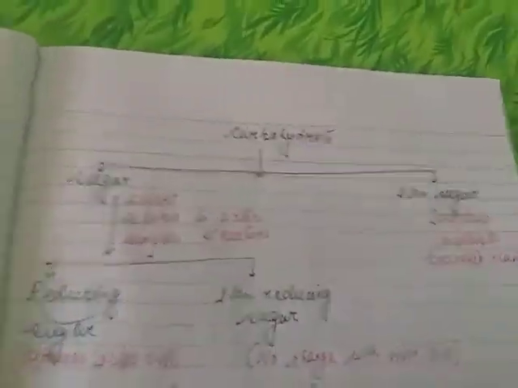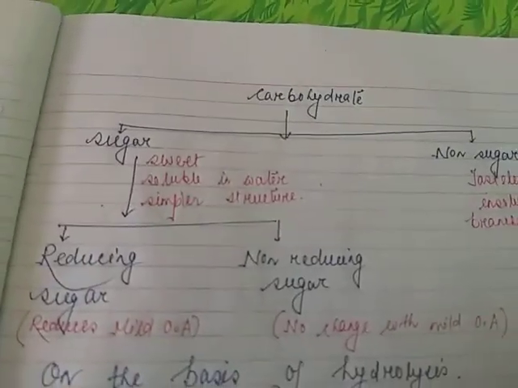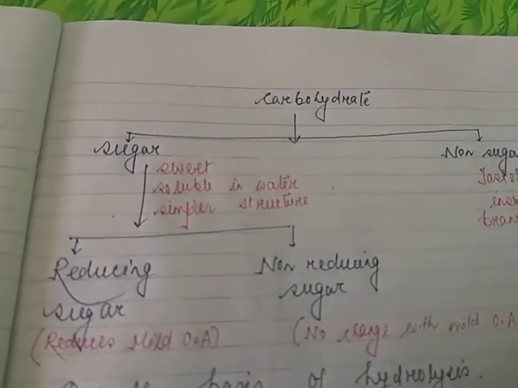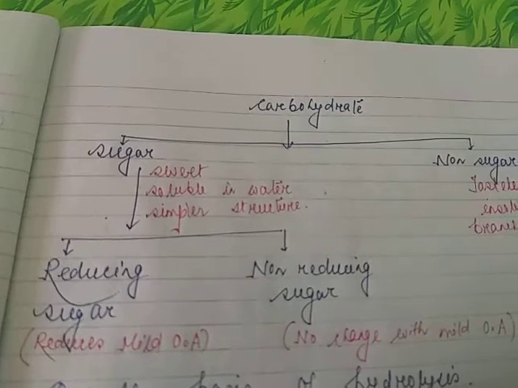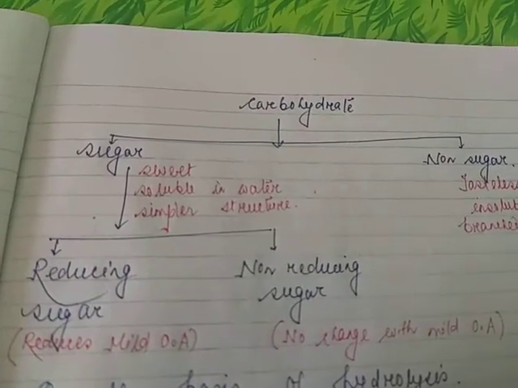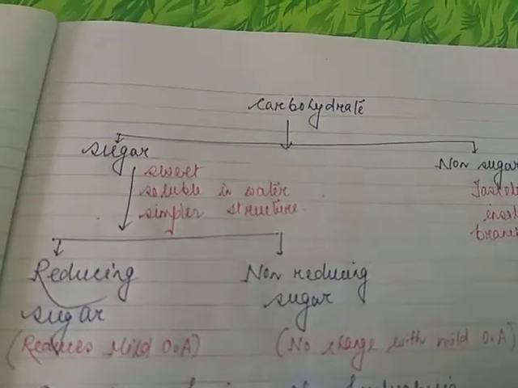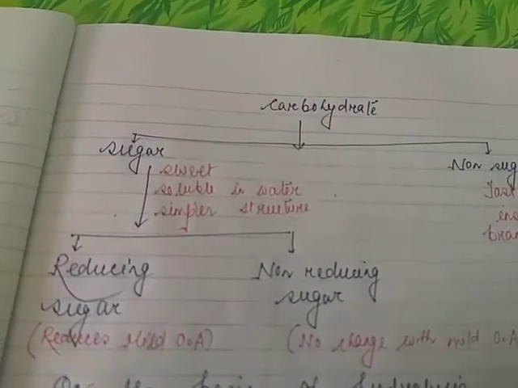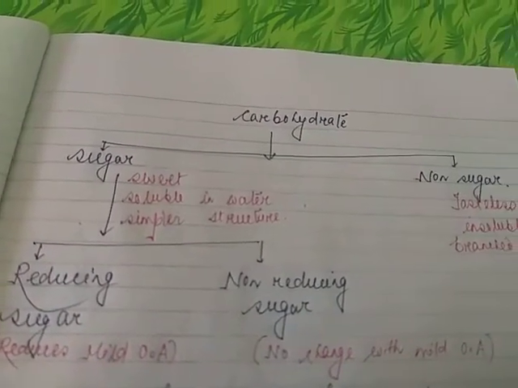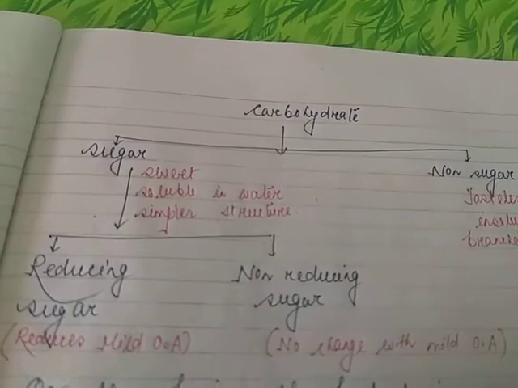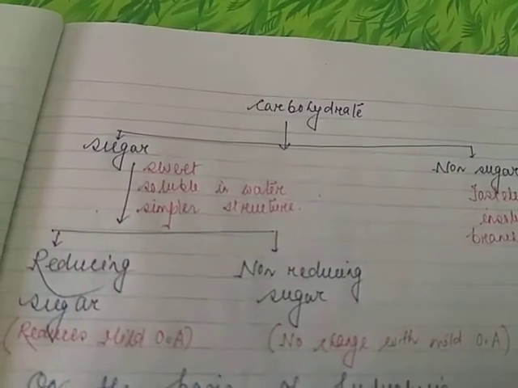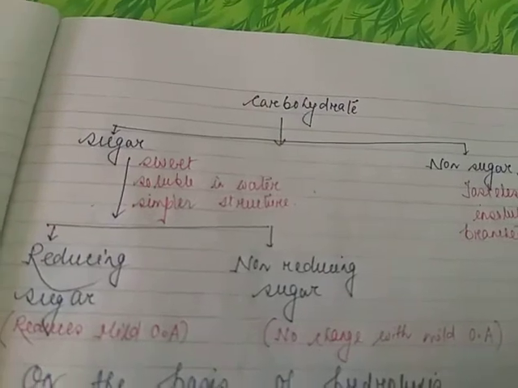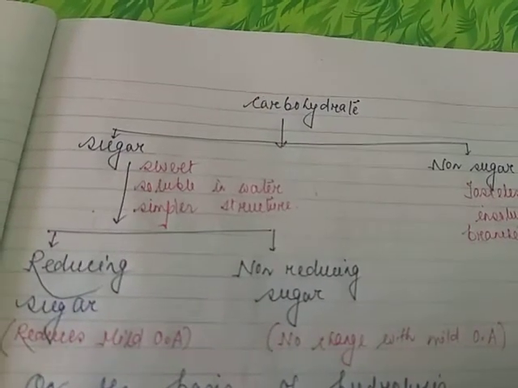The sugars can further be classified to reducing sugar and non-reducing sugar. The reducing sugar is one which can reduce mild oxidizing agent or which can itself be oxidized by the action of mild oxidizing agents, while non-reducing sugars do not respond to the test with mild oxidizing agents.